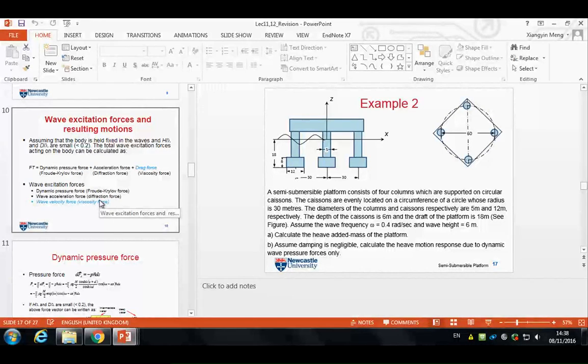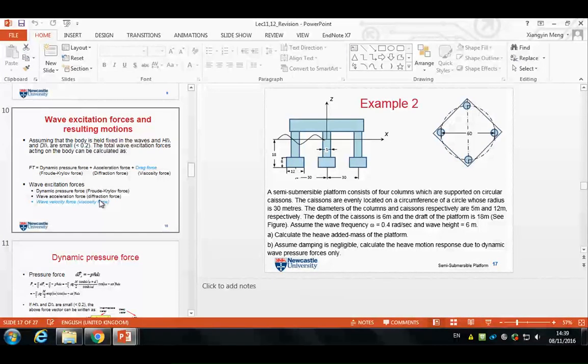When you have the force from this part, and you have the buoyancy, that's only for this part.